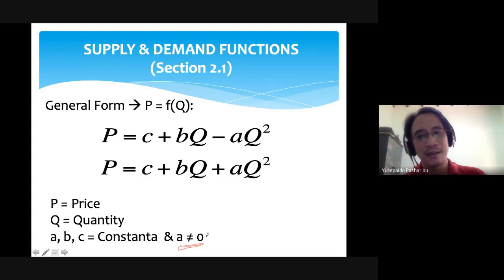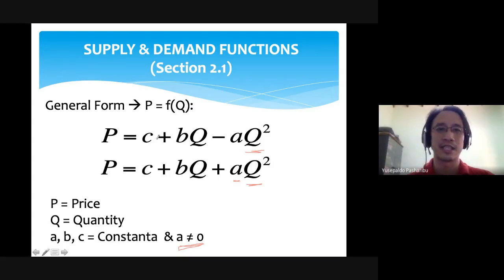Remember that A cannot be 0. It is not equal to 0, to keep the Q squared, the quadratic function. It can be negative or it can be positive.